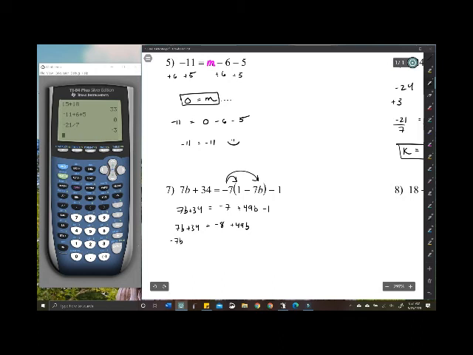Negative 7b, if we subtract that, then makes it 34 equals negative 8. 49 minus 7 is 42.